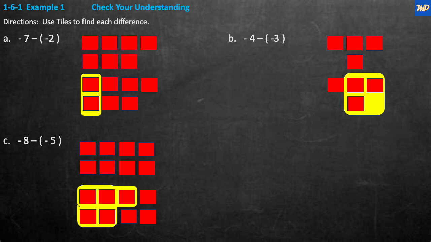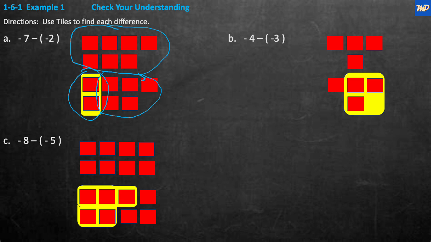Now we're going to start with problem A. We're starting with 7 negative tiles, and we're going to take away 2 negative tiles. As we did on the previous slide, we start with 7 negative tiles, take away 2 of them, and we're left with 5.